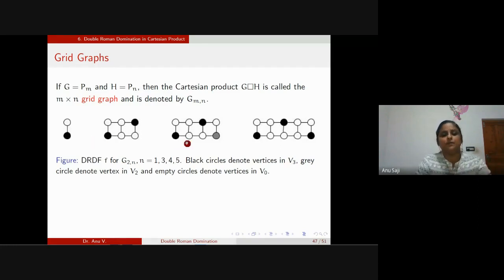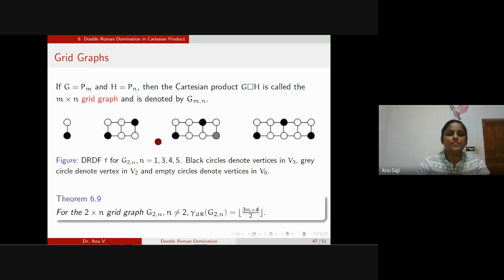For other values, n is equal to 3, 4 and 5. Here, the black vertices denote the vertices with value 3, the gray vertices denote vertices with value 2, and the empty circles denote the vertices with the value 0. This is an optimum assignment for grid graphs.